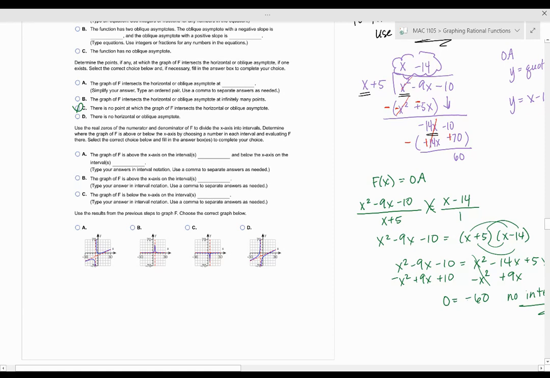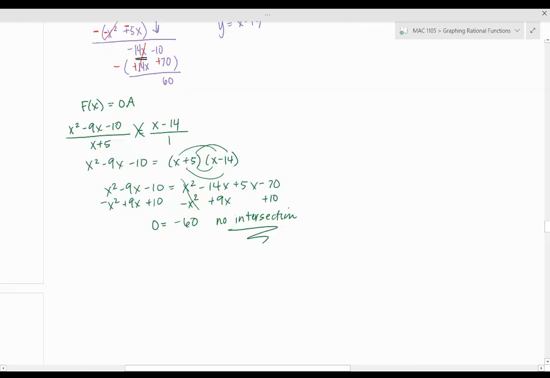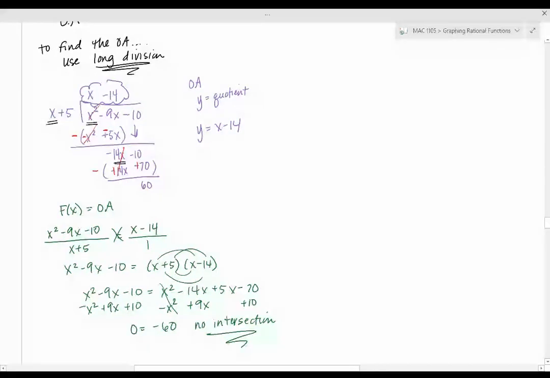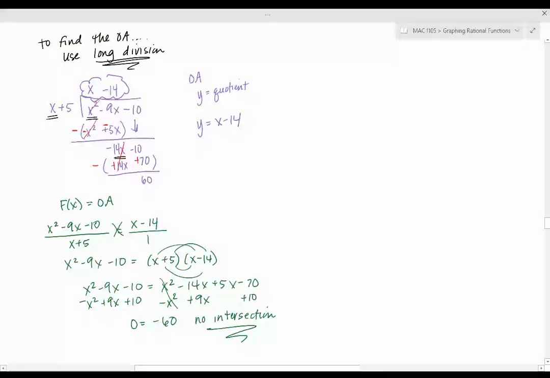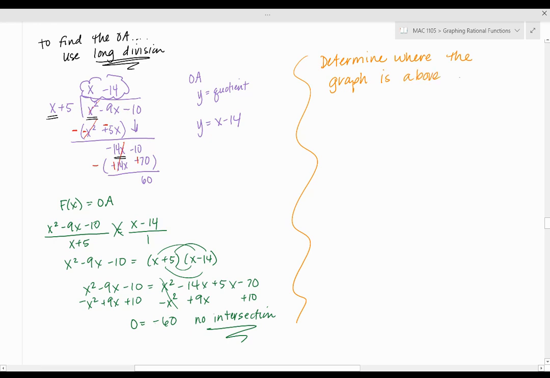So when you guys are determining this, let's slide over. Okay, so we're determining where the graph is above or below the x-axis.